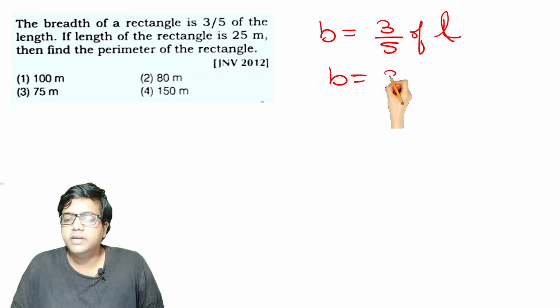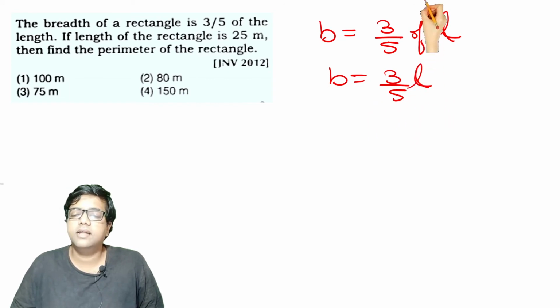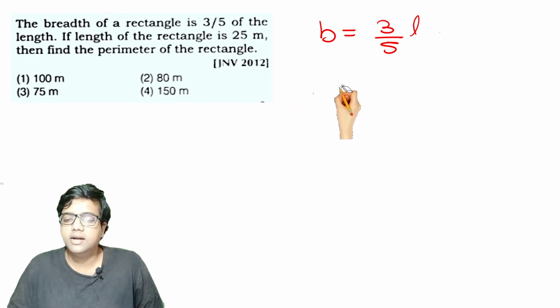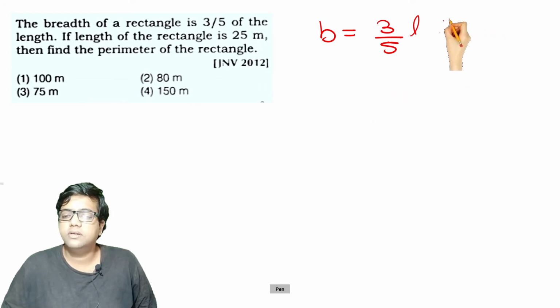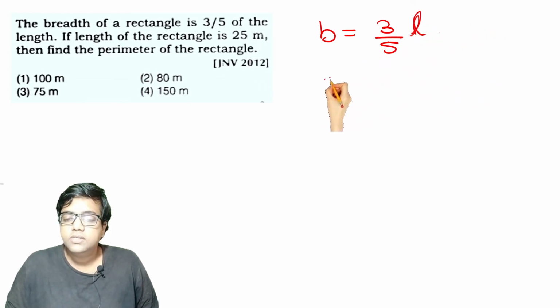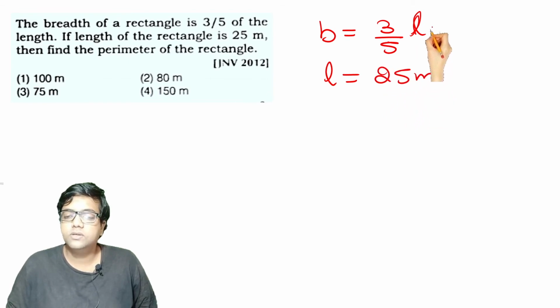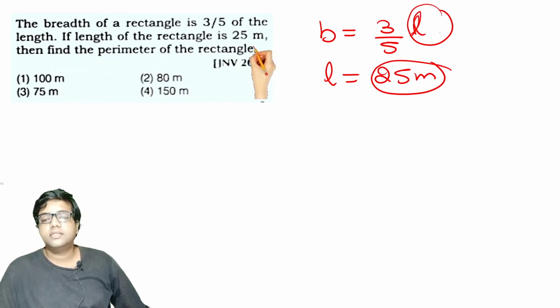So breadth will be 3 by 5 into length, or I can write it as 3 by 5 L. If length of the rectangle is 25 meter, this is very important. So length is given, 25 meter. Then find the perimeter of the rectangle.